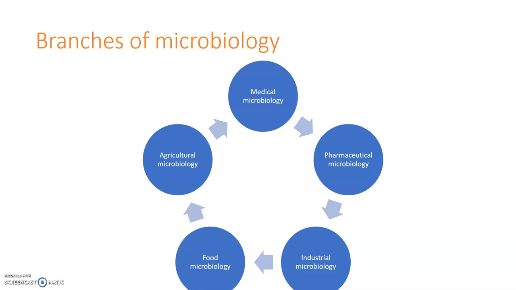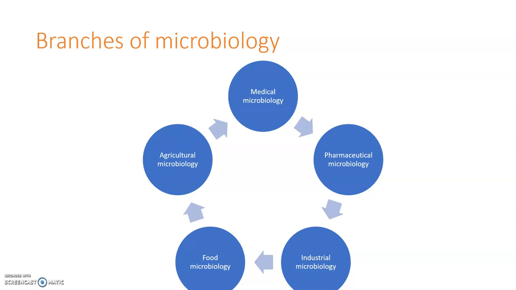Pharmaceutical microbiology is another branch, the study of microorganisms related to the production of antibiotics, enzymes, vitamins, vaccines, and other pharmaceutical products. Next is industrial microbiology, which explores the application of microbes in industrial processes for the production of economically valuable products.